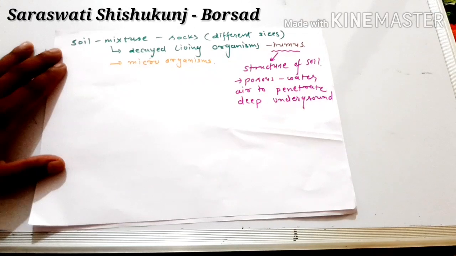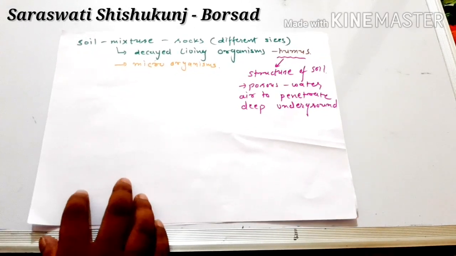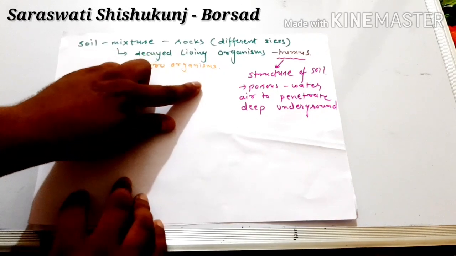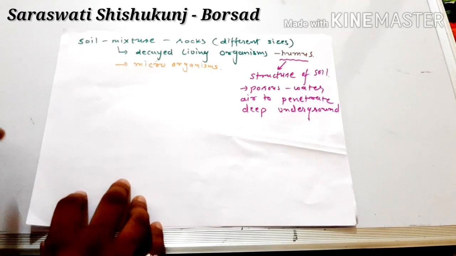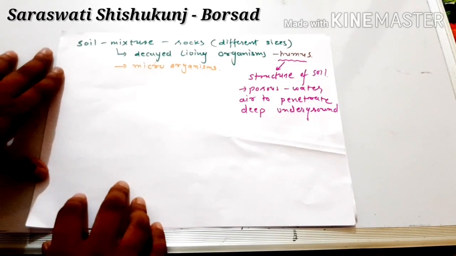So humus is one of the important factors deciding the structure of soil, because it makes our soil porous, and as it is porous, water and air will penetrate deeply into the soil.